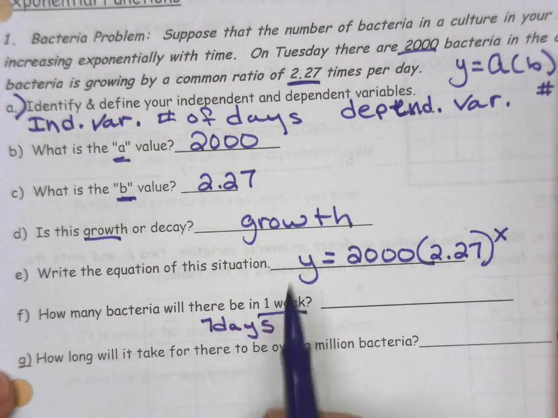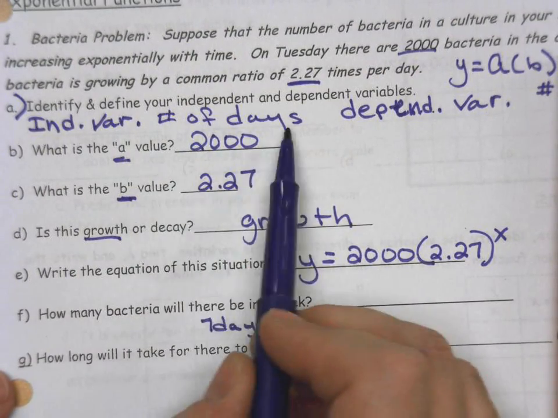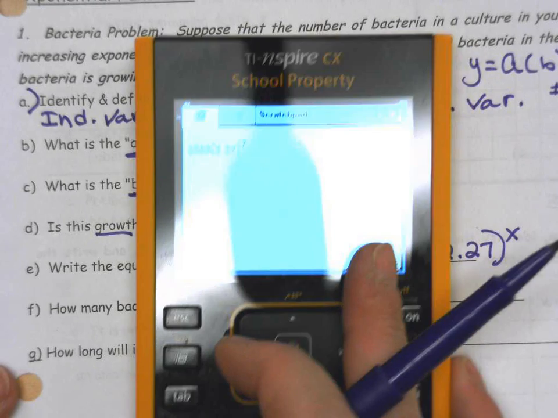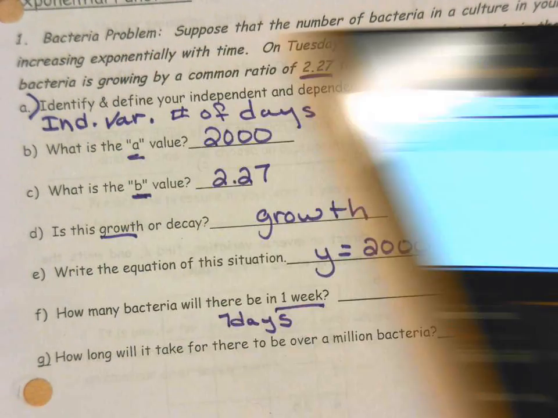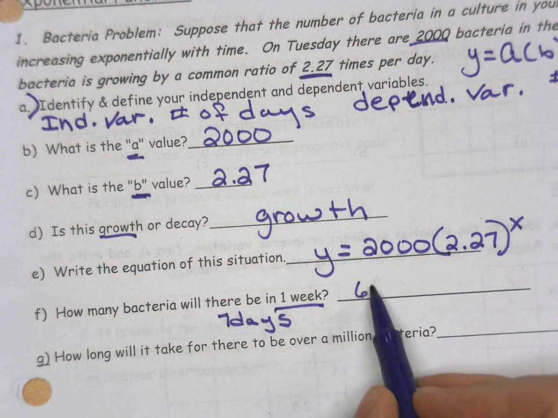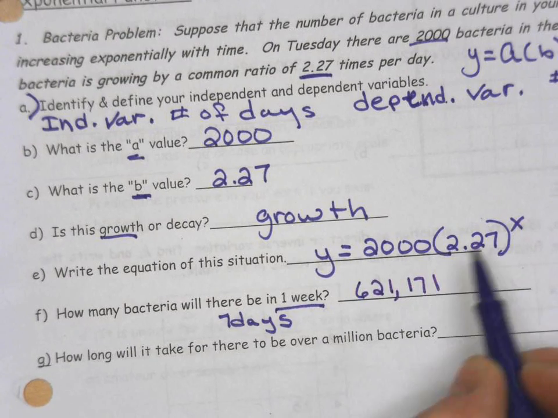And remember, our independent variable was the number of days, not the number of weeks. So we press enter, and we get 621,171. And this is bacteria.